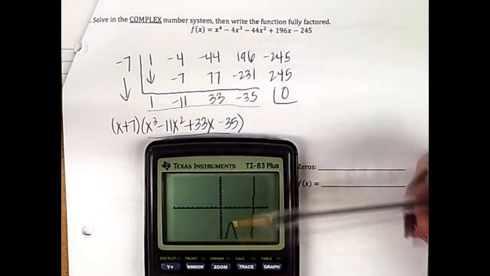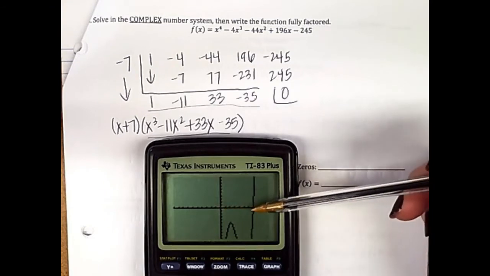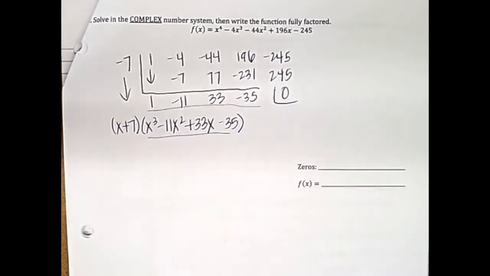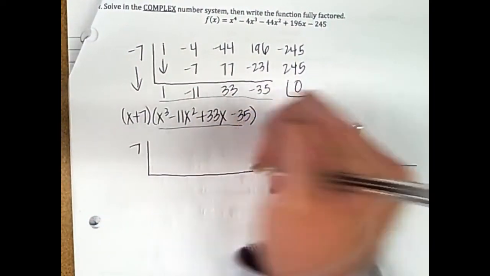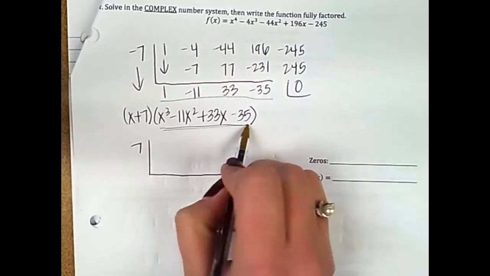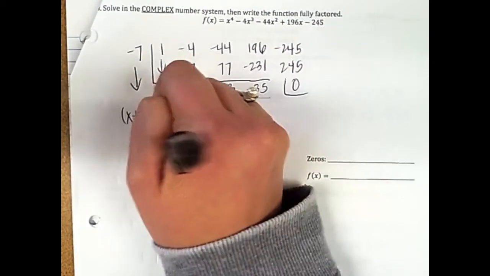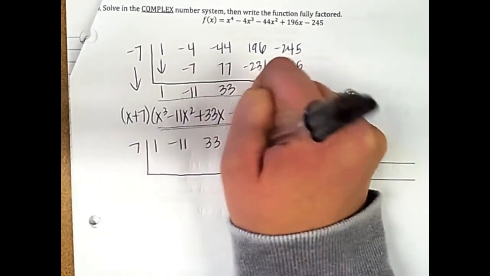When we graph it, what you should notice is it hits at 7. So it crosses the x-axis at 7. That's what's going to go on the outside. We're going to do synthetic one more time with my new function. My coefficients are going to be 1, negative 11, 33, and negative 35.